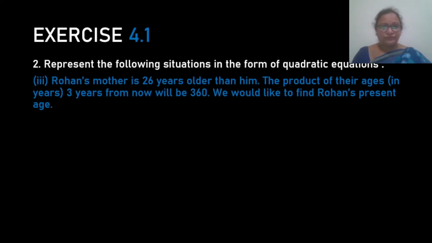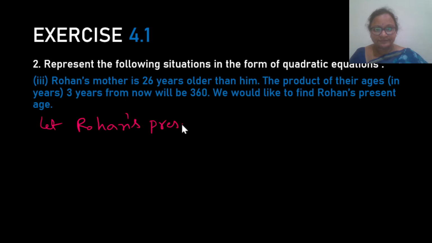Exercise 4.1 bit 2 question number 3. Rohan's mother is 26 years older than him. The product of their ages 3 years from now will be 360. We would like to find Rohan's present age. Let Rohan's present age be x years.